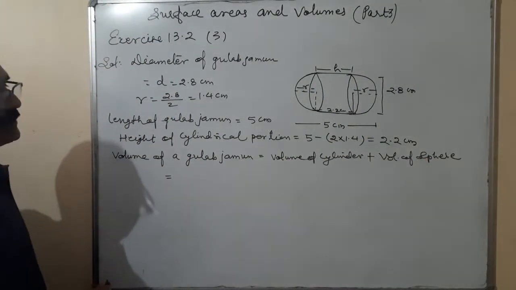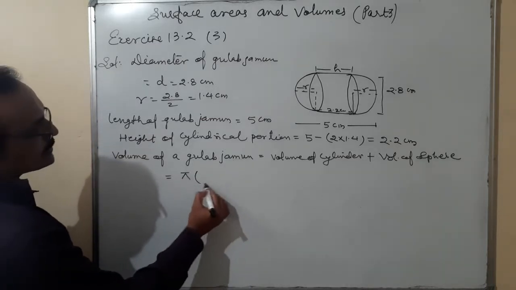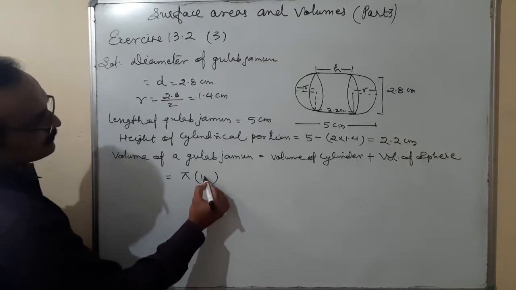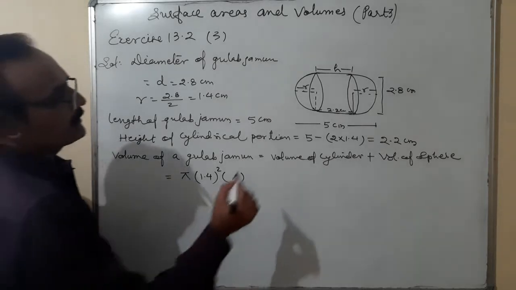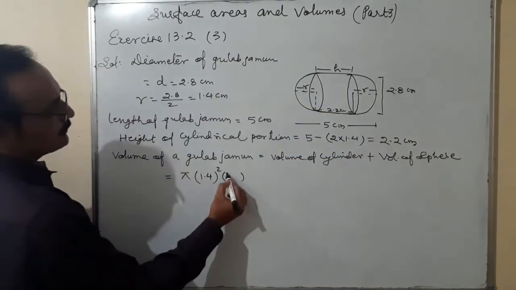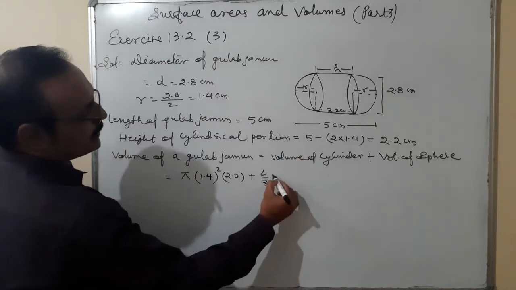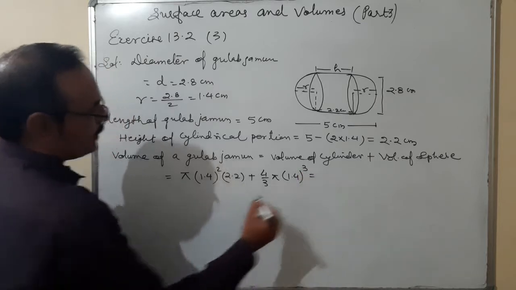Volume of cylinder is pi r square h, with radius 1.4 squared and height of cylinder 2.2, plus volume of sphere 4 upon 3 pi r cube, radius is same, 1.4 cube.